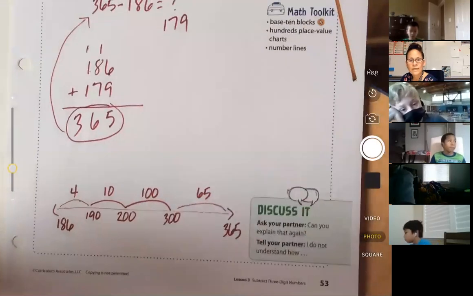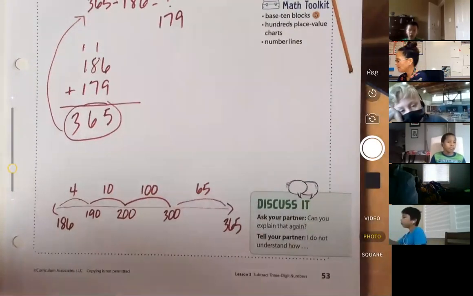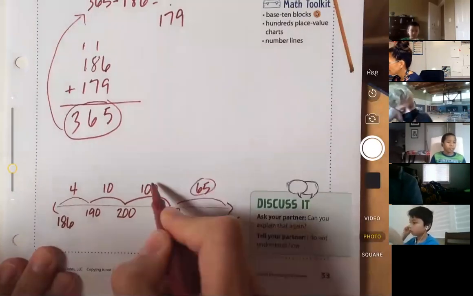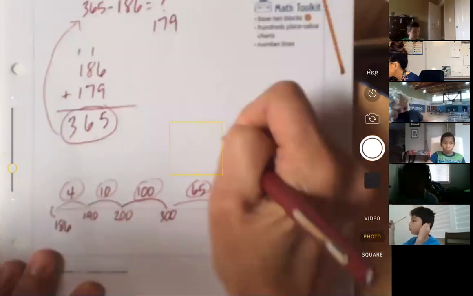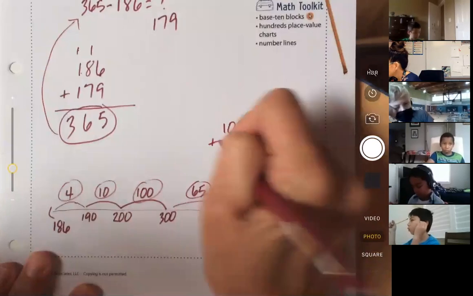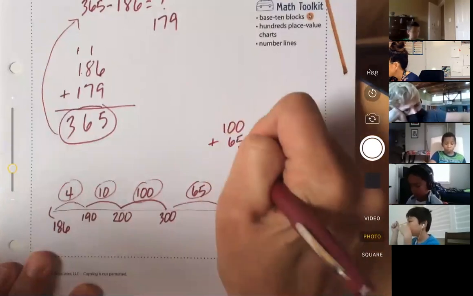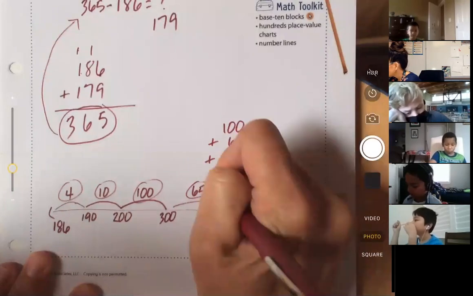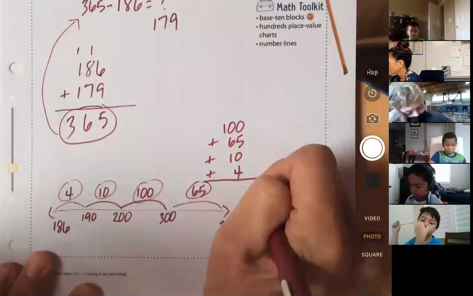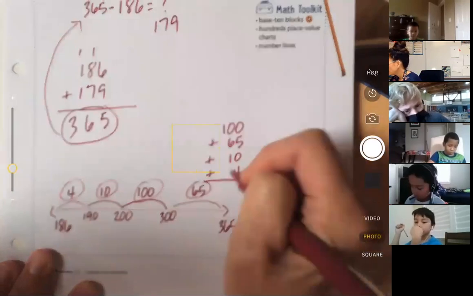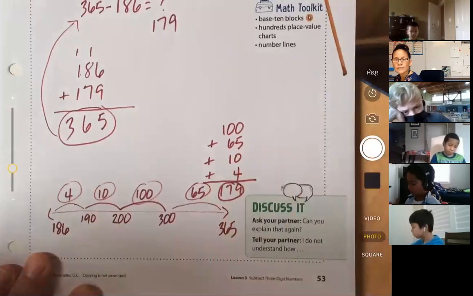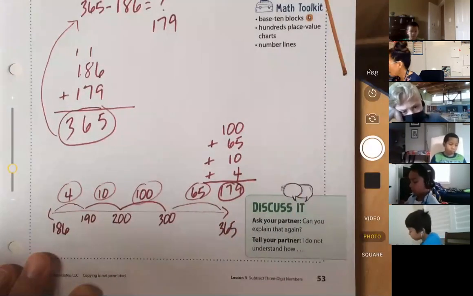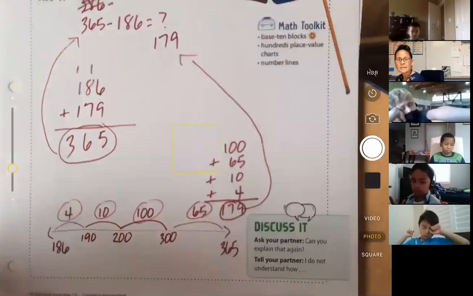And what I can do is add all 4 of those jumps together to find my difference. So I could say 100 plus 65 plus 10 plus 4 is going to give me 179. And oh, look at that. It matches.